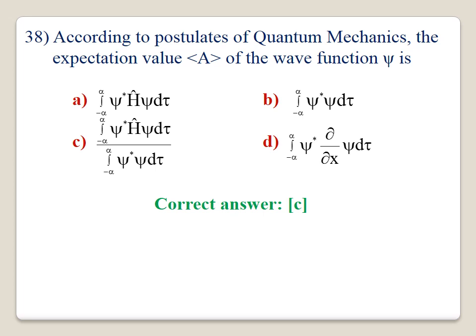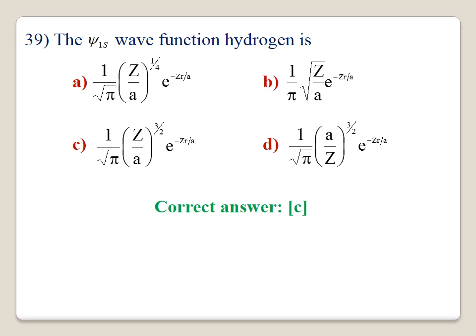It is one of the postulates of quantum mechanics. Answer C. 39. The psi 1s wave function of hydrogen: the correct option is C, 1 by root pi, Z by a whole power 3 by 2, e power of minus Z r by a. Correct answer is C.